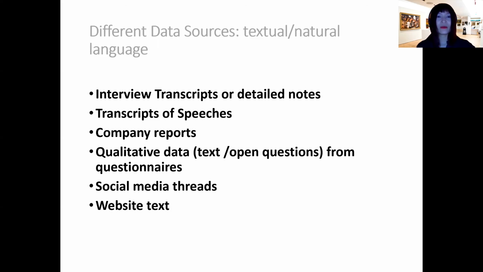Well, for you, the primary data would be the interview transcript or the notes that you have taken from ethnography research. So those are usually the common primary data, whereas the other ones where you get from somewhere else, which are not collected by you, are secondary data.